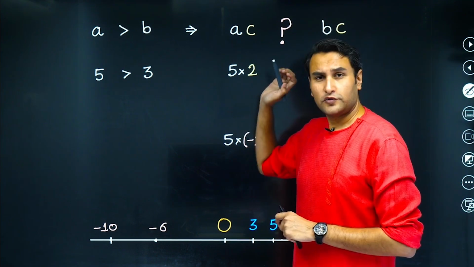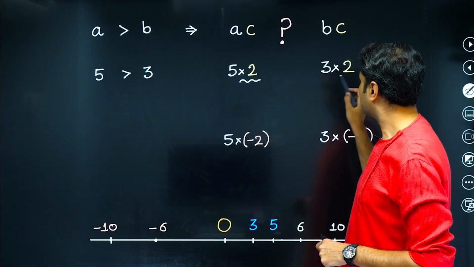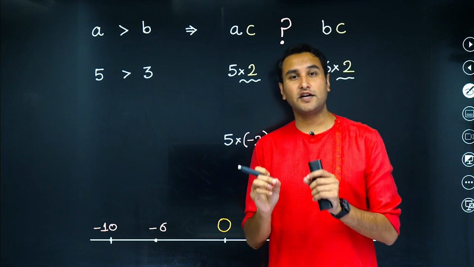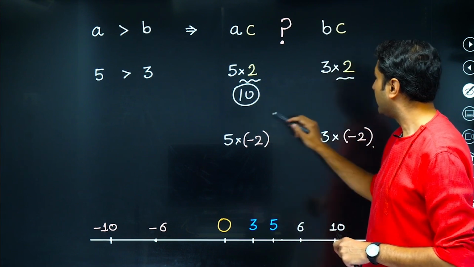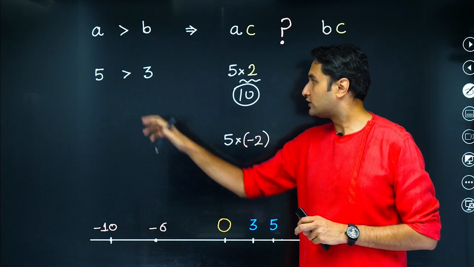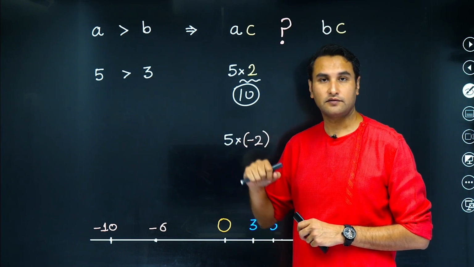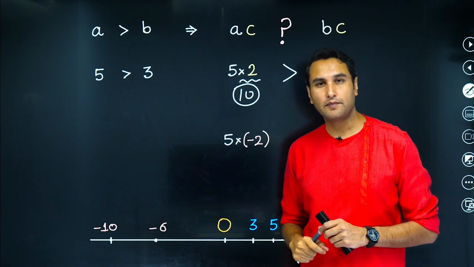Let's see with an example. So let us multiply both sides by 2. When I multiply both sides by 2, what will happen? See, look at this number. This is 10 and this number is 6. Will the inequality change? 5 is more than 3. 10 is also more than 6. Inequality does not change.